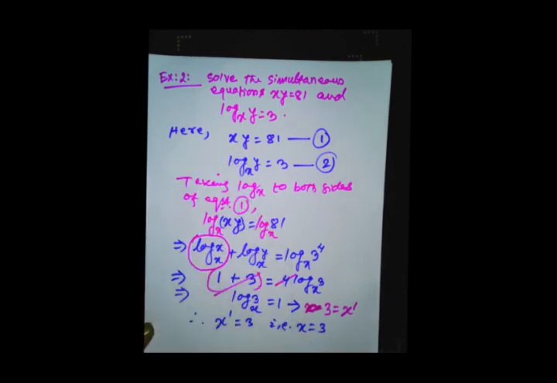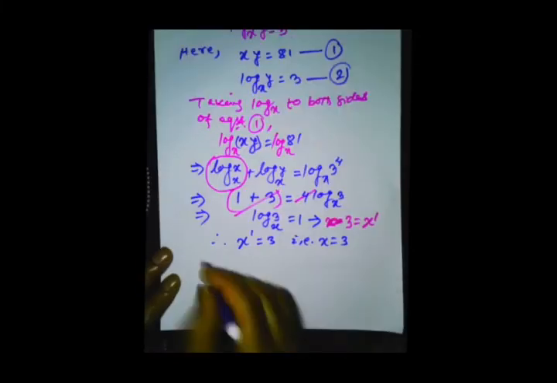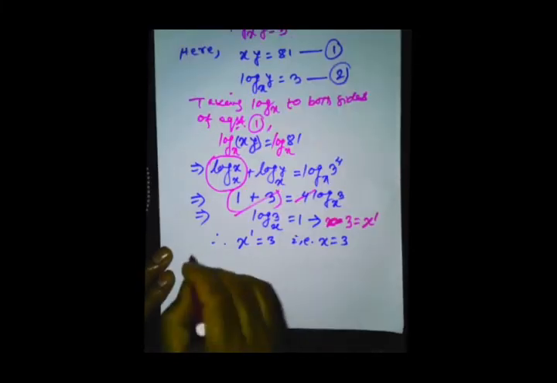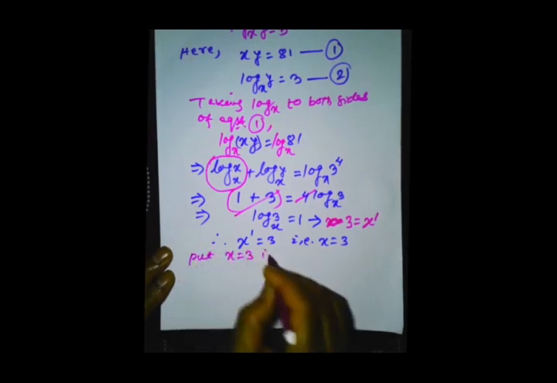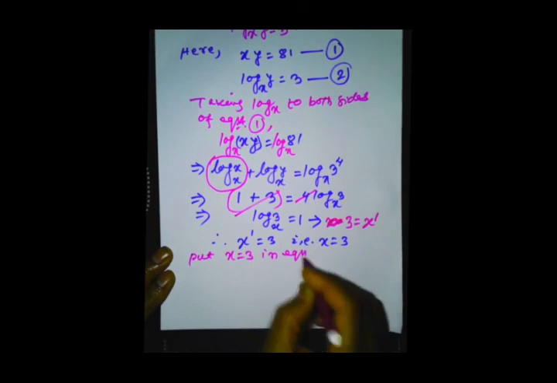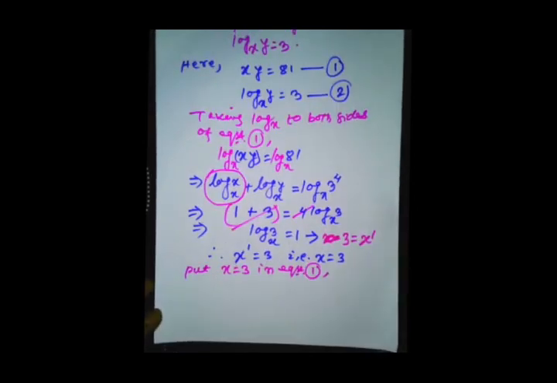Now we will find the value of y. So put x equal to 3 in equation 1, or in either 1 or 2. I'm putting it this time in equation 1 in order to get the value of y.